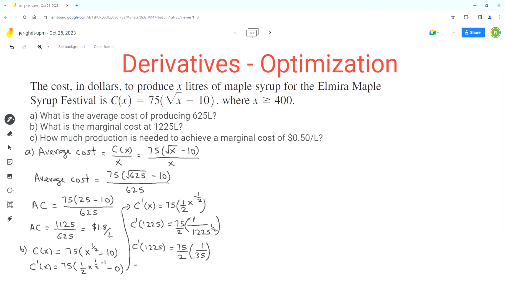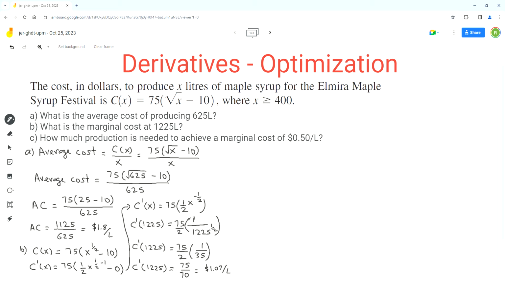Now we can simplify this expression. In the denominator we can multiply 2 times 35, which is equal to 70, and we can divide this fraction, so we get $1.07 per liter.